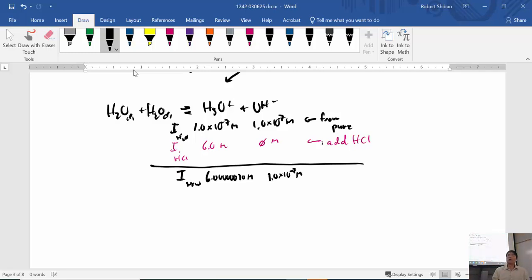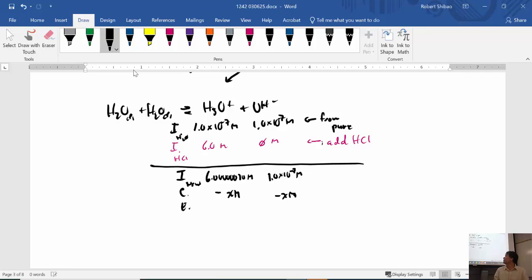All right, I perturbed my equilibrium. Which way is it going to shift? Now I have too much product, so it's got to shift to the reactant. So this is going to be minus X molar, minus X molar.